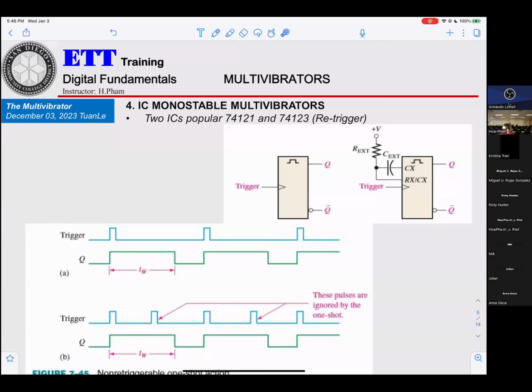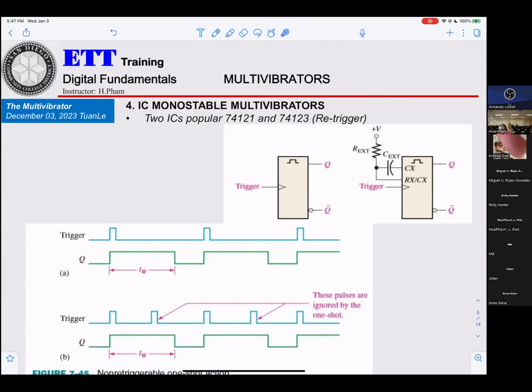Basically you apply a trigger here. When it goes high, then the output Q will go high. For how long? Depends on the external R and external C. Then after how long it stays high, it goes low. And the next one, you get the same thing.